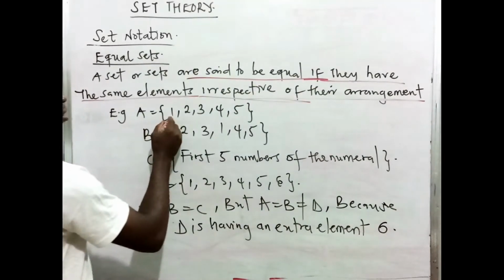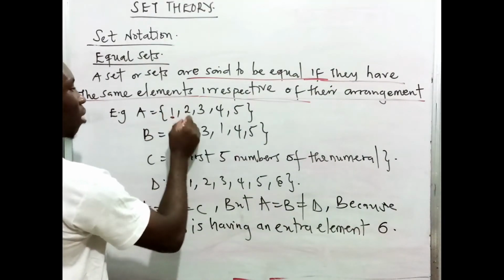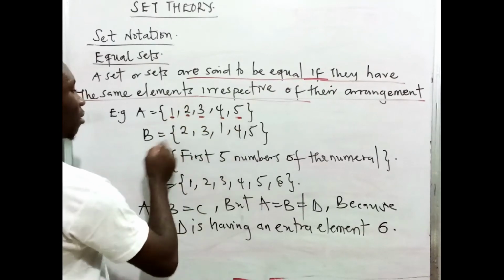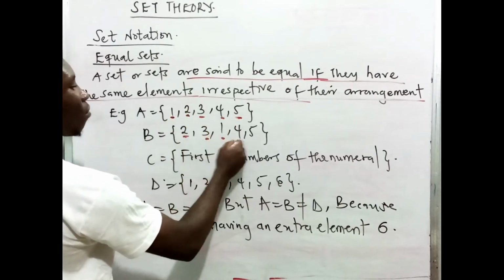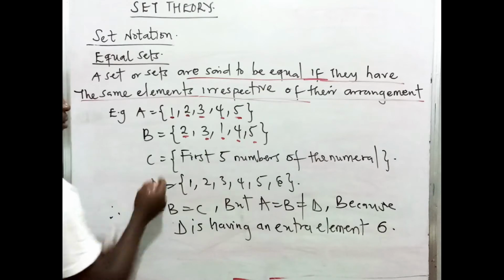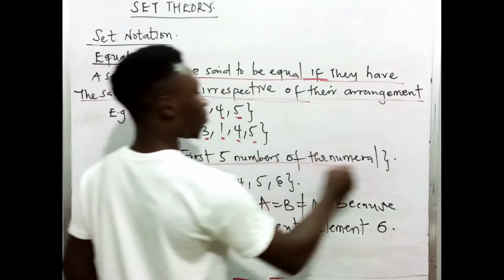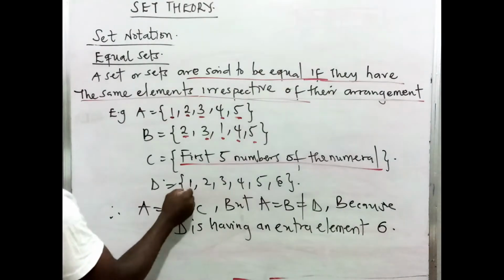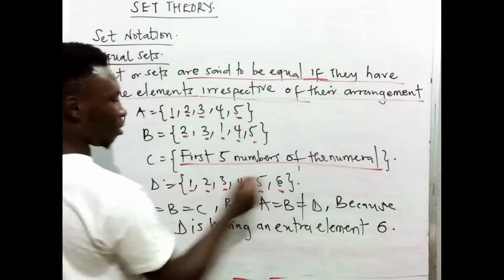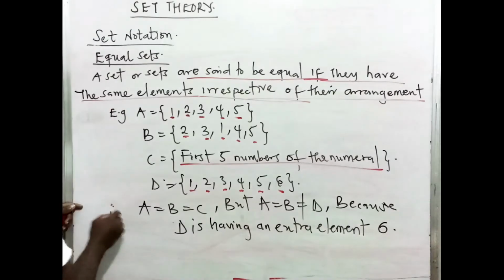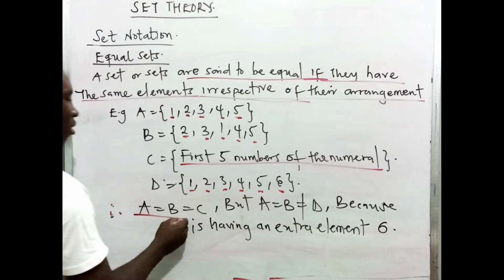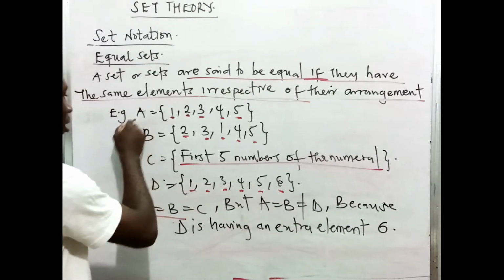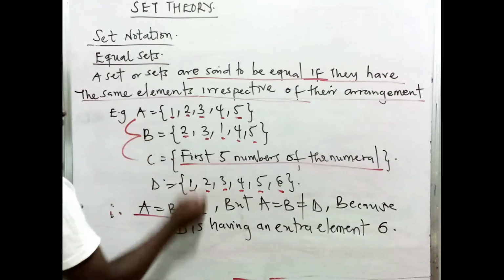You have set A: 1, 2, 3, 4, 5. You have set B: 2, 3, 1, 4, 5. You have set C: the first 5 numbers of the numerals. And set D: 1, 2, 3, 4, 5, 6. Conclusively, set A is equal to set B is equal to set C.